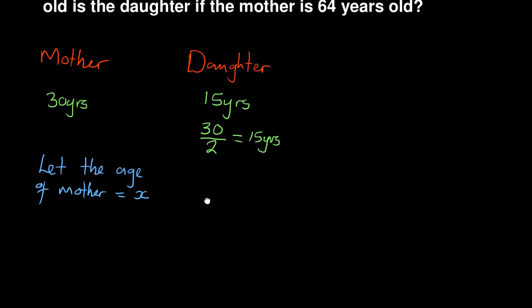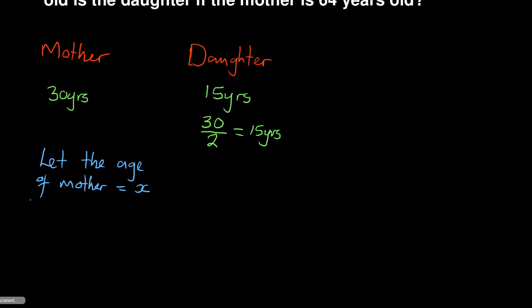Just like we did with the daughter, we said if the mother was 30 years, the daughter will be 30 divided by 2, which is 15 years. So now what will be the age of the daughter? In this case, the daughter will be X divided by 2 years. If the mother is X years old, the daughter will be X divided by 2 years.